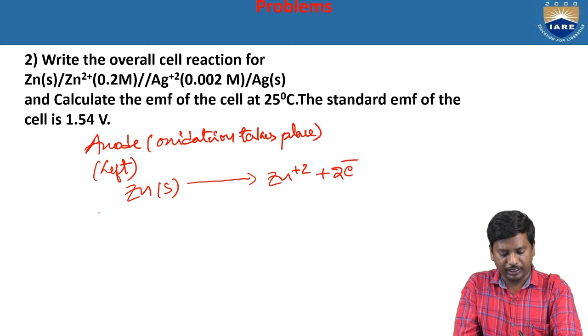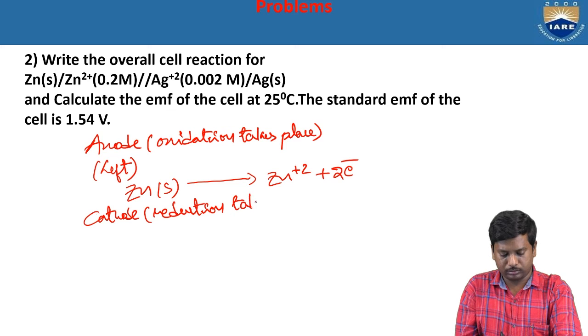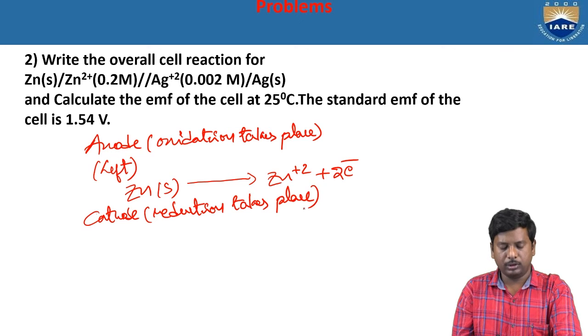And at the cathode, what happens? Reduction takes place, and the cathode is always present on the right side.